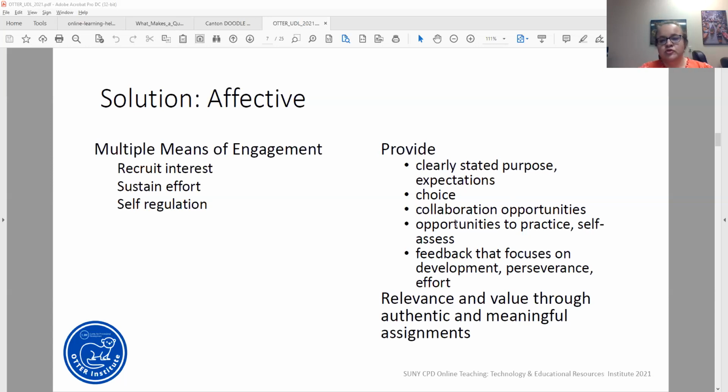All right, so let's move on to the opportunities to practice and self-assess. An opportunity to self-assess is very important for self-regulation, because I need to know how I am doing. And if the only way that I find out how I am doing is during a graded quiz, it might be too late for me. I might already be too far along doing the wrong thing that it will be difficult for me to come back as a student.